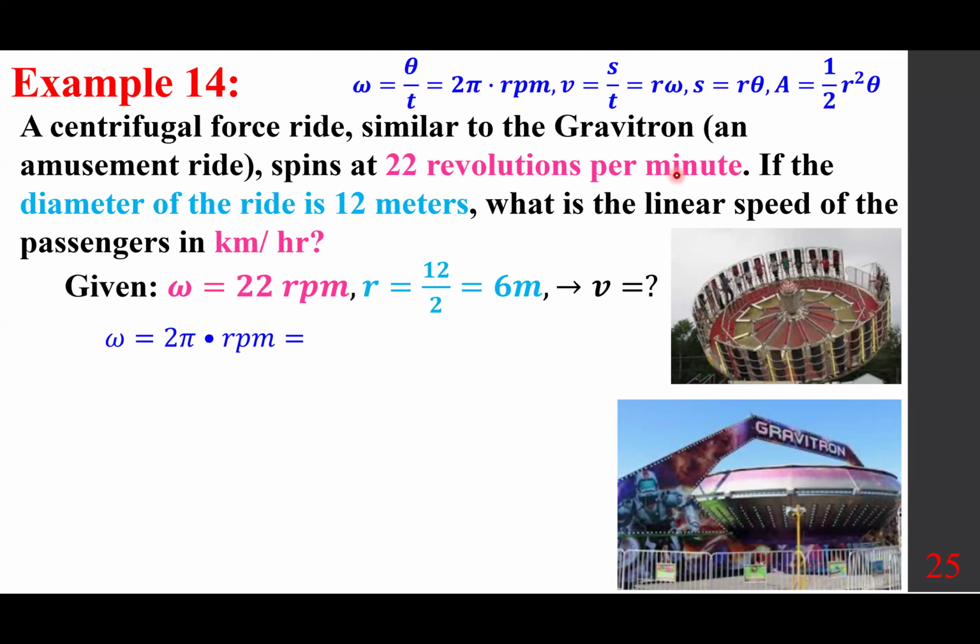So let's multiply this by 2 pi. So 22 by 2 pi, we get 44 pi. Let's keep it as pi for now. Radians per minute.